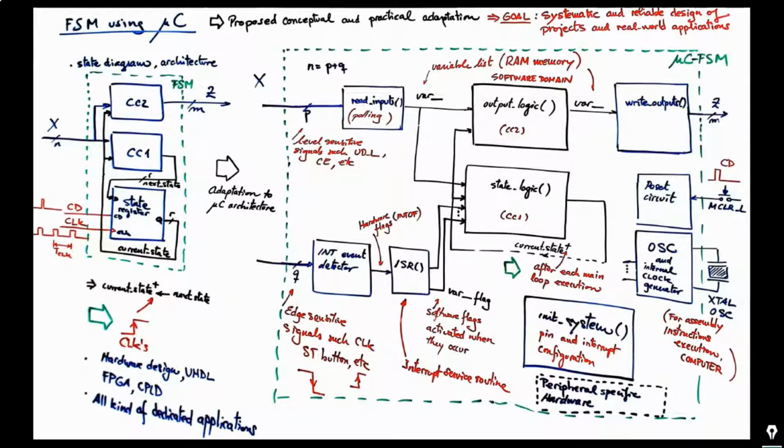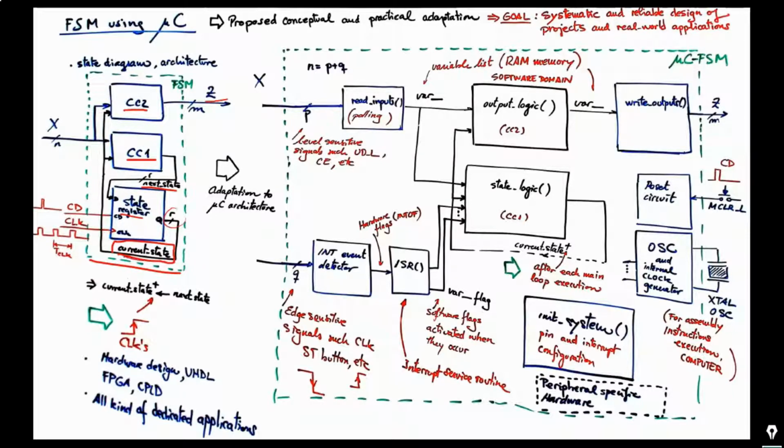So here we are, the basic idea of a finite state machine, okay? The one that we know from chapter 2. It is based on combinational circuit 2 for calculating the outputs, combinational circuit 1 for calculating the next state to go, the state transitions, and finally the state register that is based on a set of data flip-flops in parallel, so that you have a memory cell to save the current state, and that is the internal state of the machine.